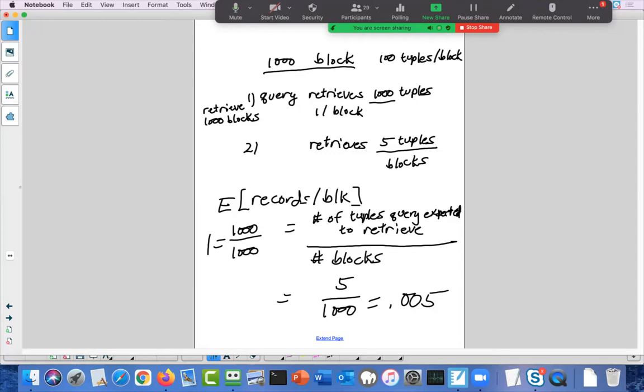So if the query is going to return 1,000 tuples, we would on average expect that each block would contain one of those 1,000 tuples if the data is randomly distributed across the file. But it could be the case that for 1,000 tuples that we want to retrieve, since there's 100 tuples per block, we actually could only be looking at 10 blocks.